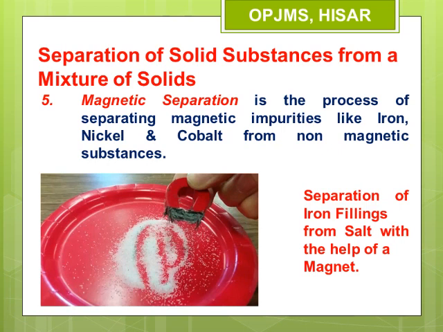Magnetic substances are the substances like iron, nickel, and cobalt which get attracted by a magnet, whereas non-magnetic substances do not get attracted by a magnet. So, if we have a mixture of impurities of magnetic substances in a non-magnetic substance, then this technique of magnetic separation can be very easily employed.